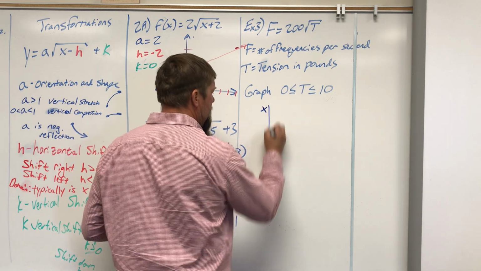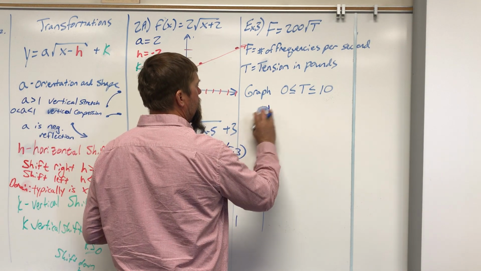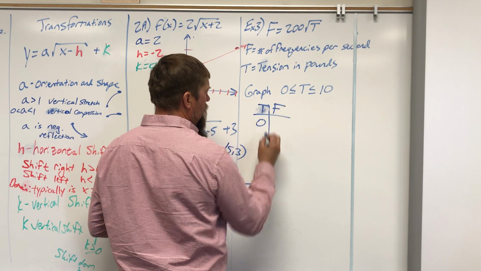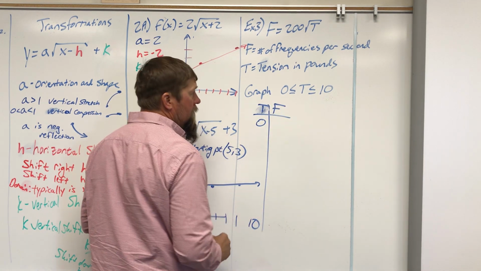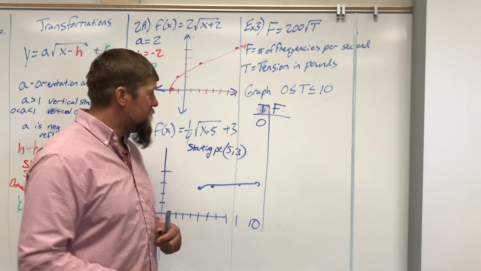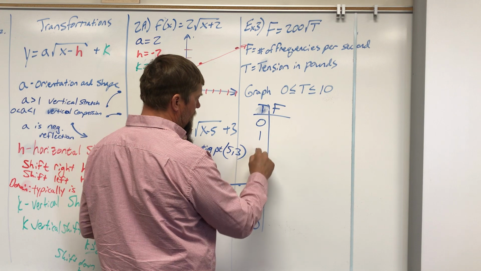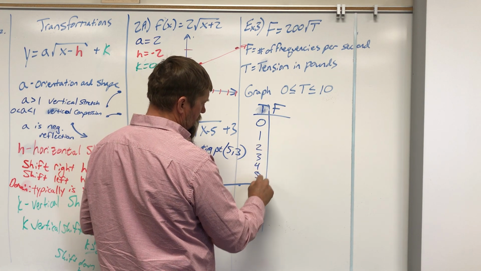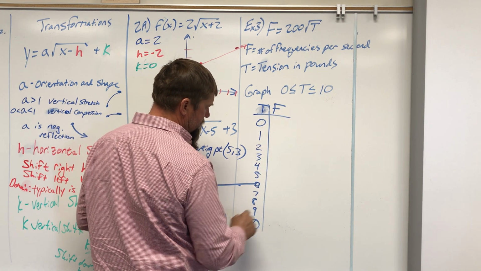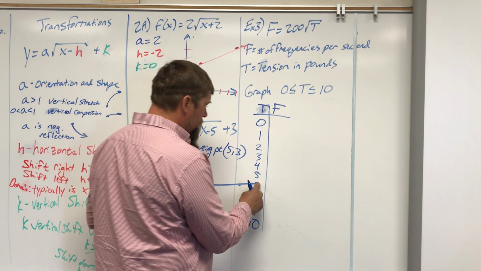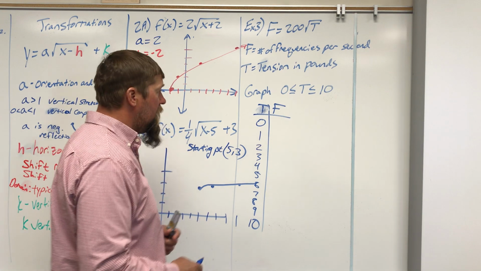So if we make a table between 0 and 10, we could do a number of things. We could type in 1, we could type in 2, 3, 4, 5, 6, 7, 8, 9, 10. Now you might need to use a calculator for some of this, but you might not have to use a calculator for all of it.